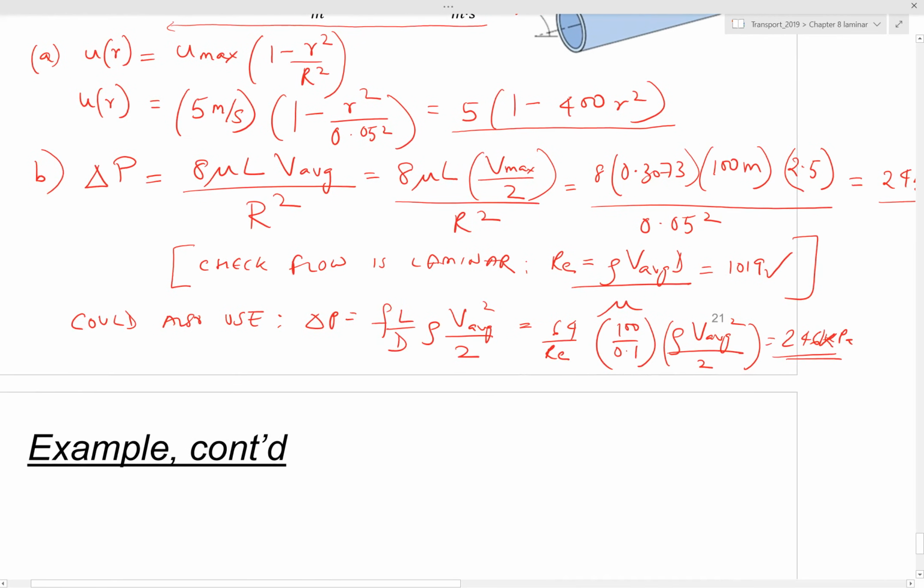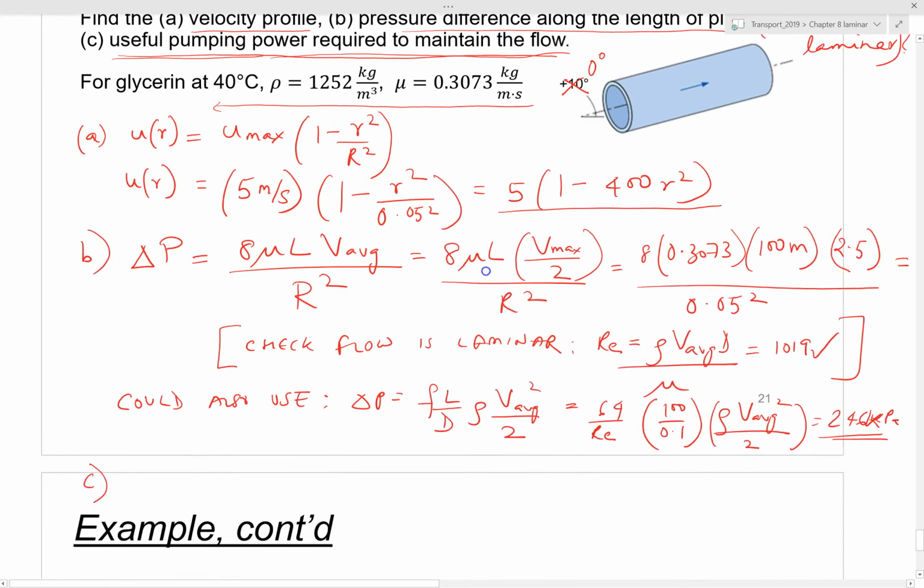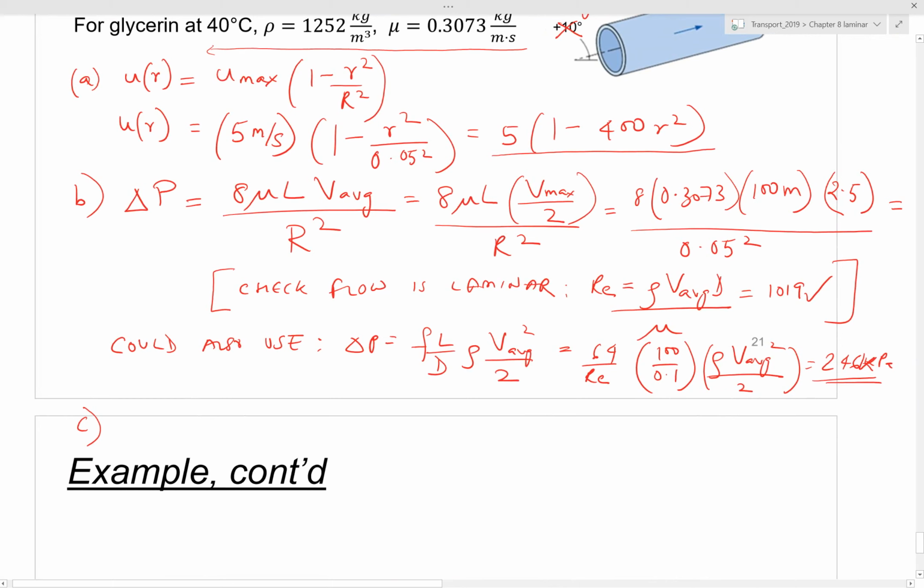Okay, all right, so what is the last part? We have been asked useful pumping power required to maintain the flow. So pumping power is directly proportional to your pressure drop and also the volumetric flow rate. Right, so the pressure drop dictates how much pumping power you would need.